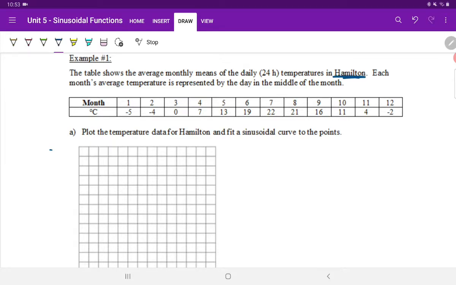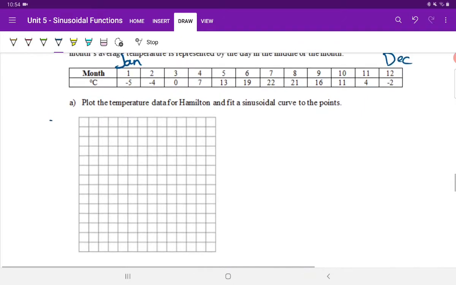So we've got the month all the way up from 1 to 12, so obviously January to December, and we have the average temperature below, represented by the day in the middle of the month. So all these temperatures are in the middle of the month. We need to plot the temperature for Hamilton and fit a sinusoidal curve to the points.